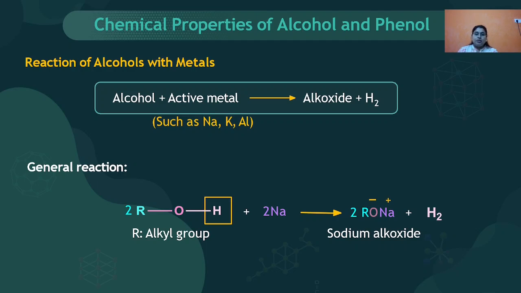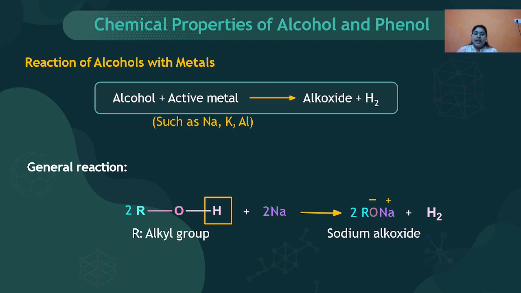There is a series called the reactivity series, where the elements at the topmost part are usually very reactive. Sodium and potassium are the first metals in the reactivity series.